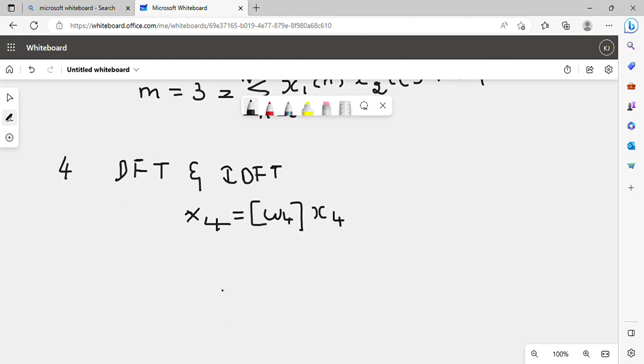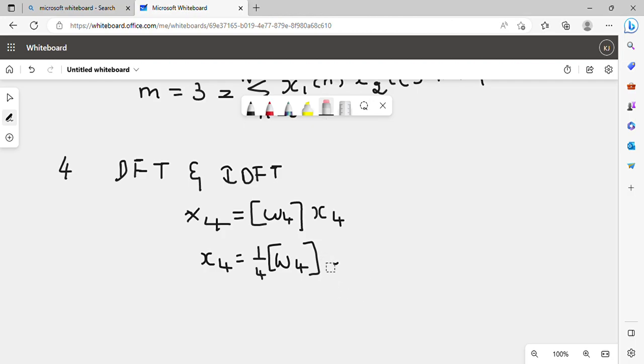And one more formula: x of 4 is equal to 1 by 4 into omega of 4 into X of this one, right?